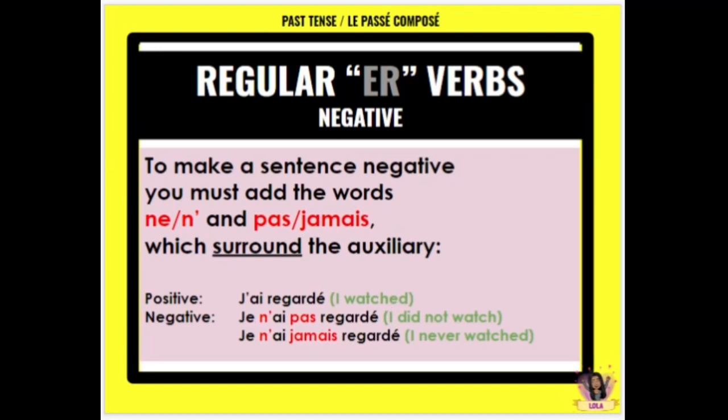And to make it negative, we have the ne or the n apostrophe before the auxiliary and the pas after the auxiliary. Here it's n apostrophe and not ne because the auxiliary starts with the letter A. It's a vowel. So je n'ai pas regardé, or you can say je n'ai jamais regardé.